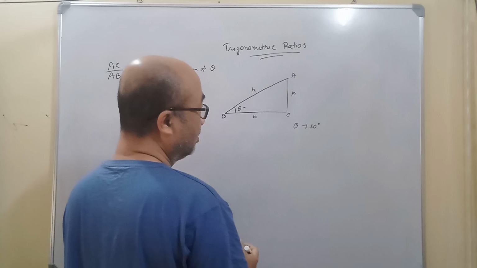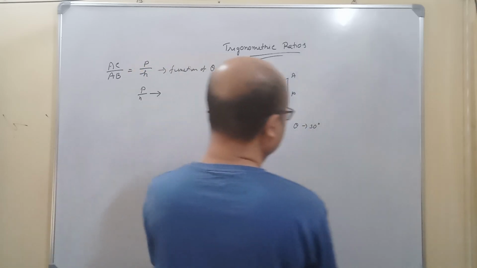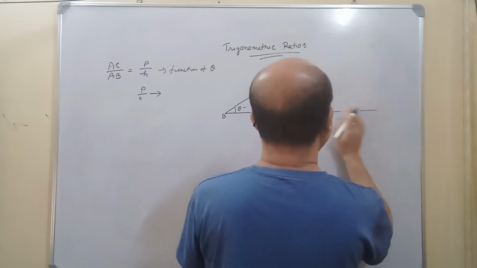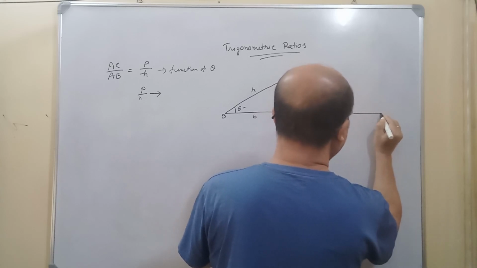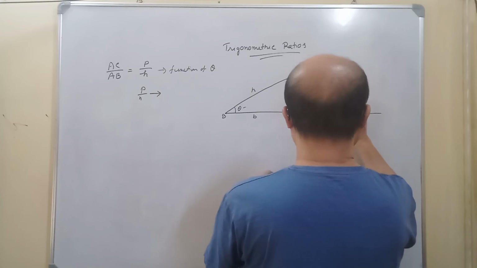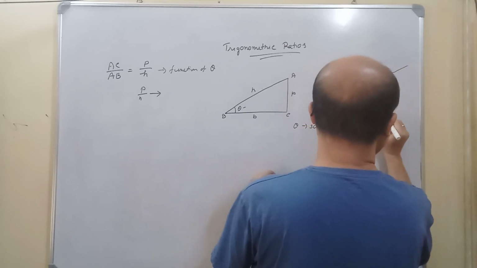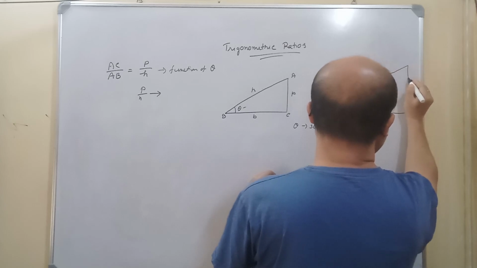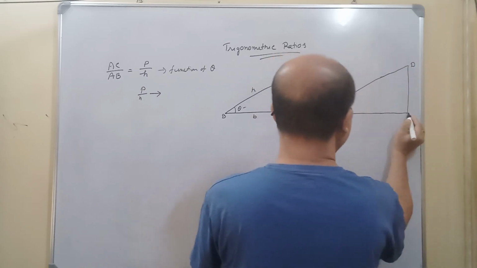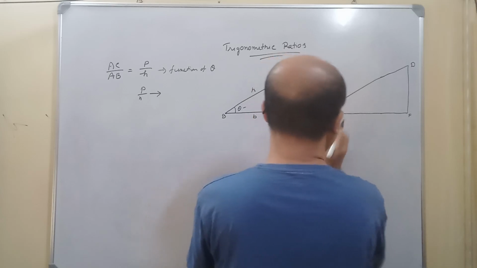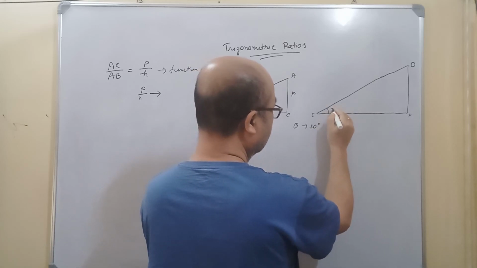Okay, even if we increase the sides of this right angle triangle, suppose it becomes like this, if this angle is also 30 degree.